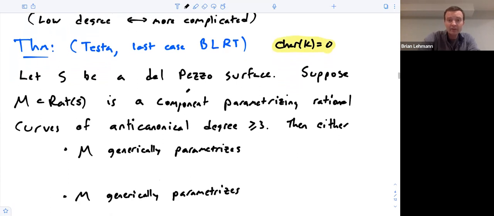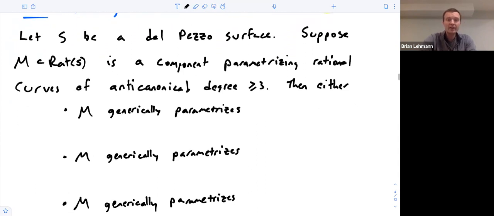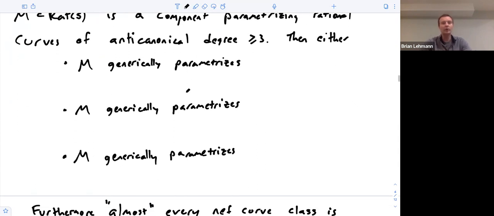So here's the statement. This is how rational curves look on a del Pezzo. So let S be a del Pezzo surface, and let M be a component of the moduli space of rational curves which has anti-canonical degree at least 3. Then M has one of the 3 following types.